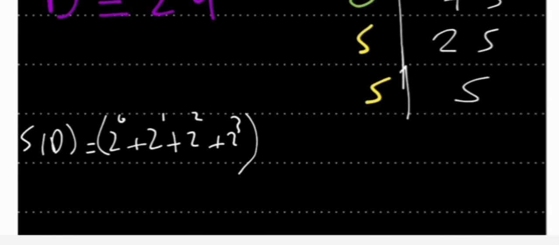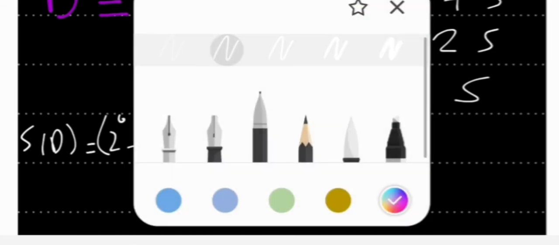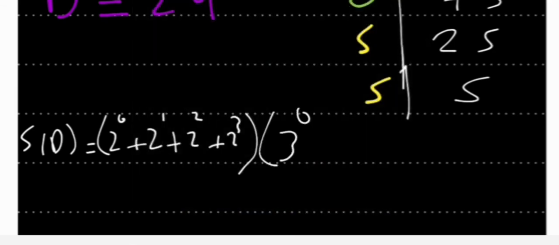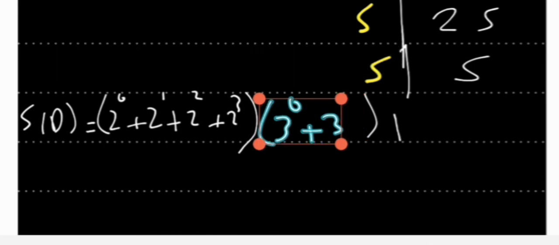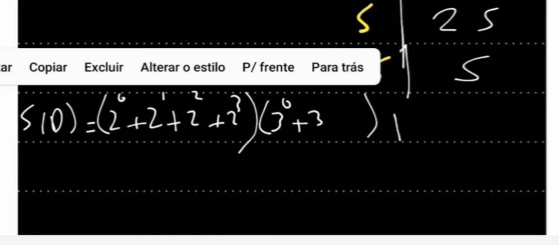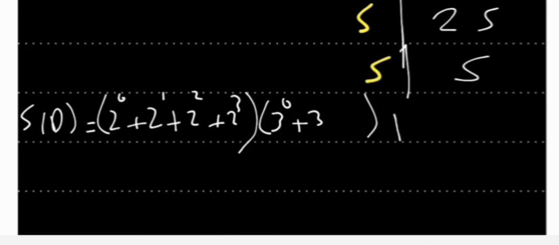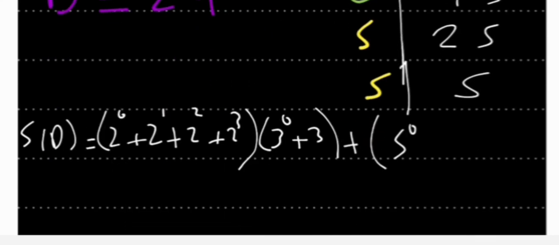And then for the 3, what can we have? Well, for the 3, we can go 3 to the 0 plus 3 to the 1, and then we can have the 5, right? So the 5 is the one going the largest, right? So here we go.